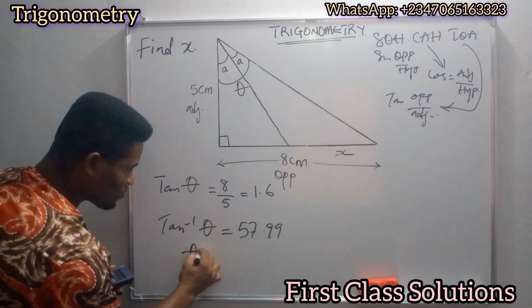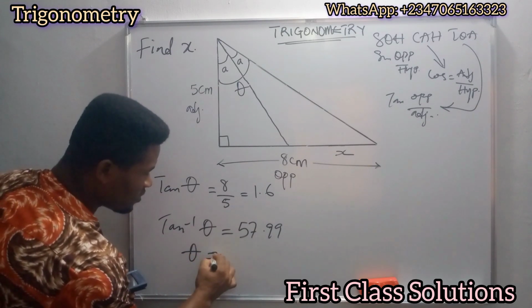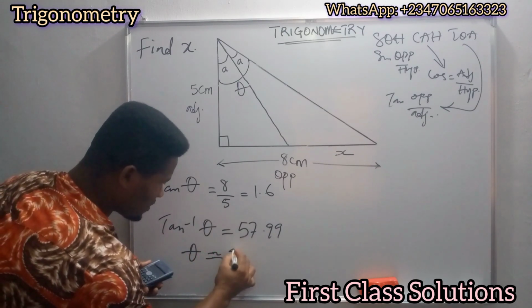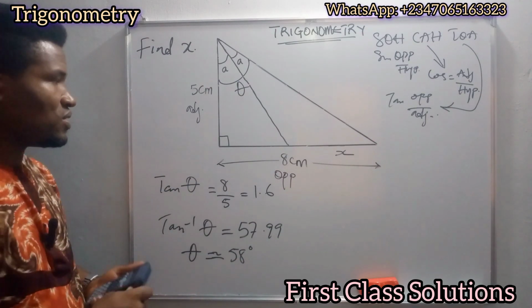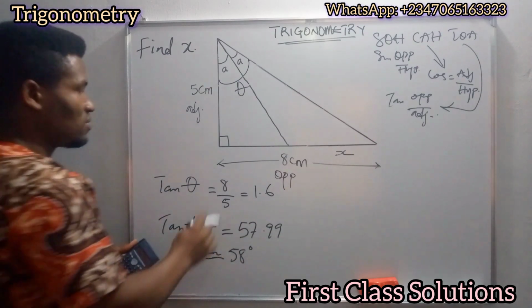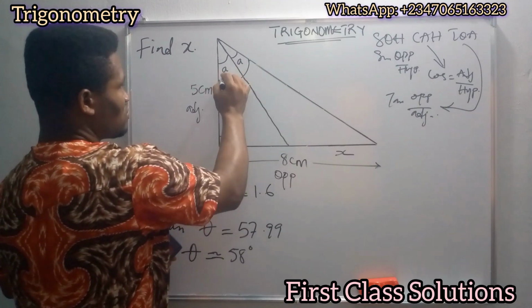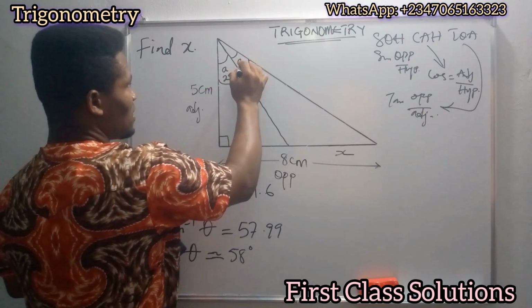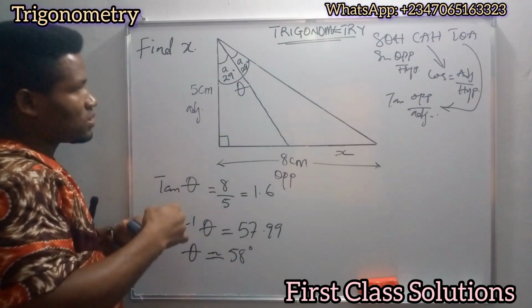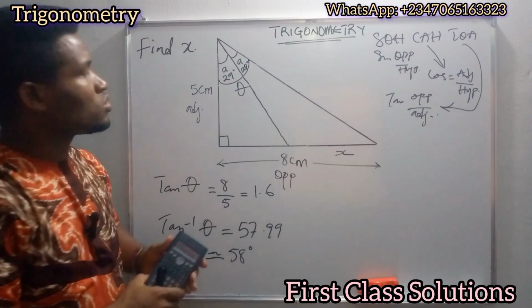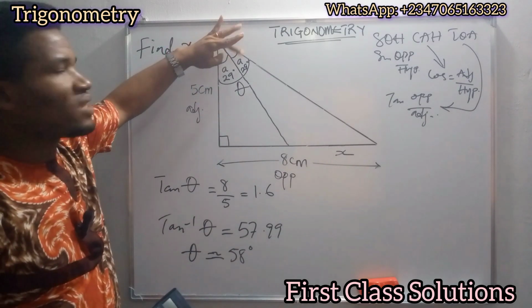Then our theta is given as approximately 58 degrees. If theta is equal to 58 degrees, it implies that A will be 29 degrees and here will be 29 degrees, because theta is equal to this A times 2.